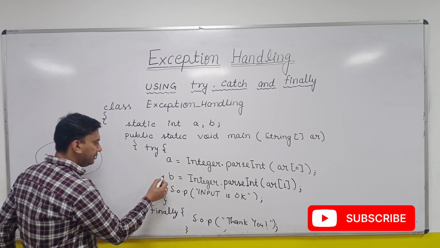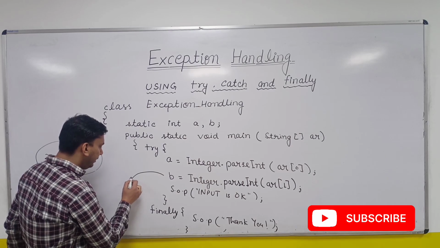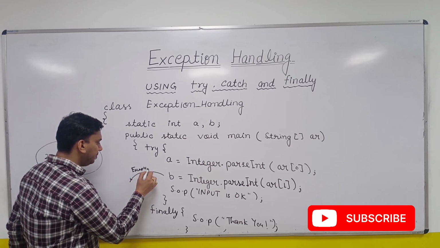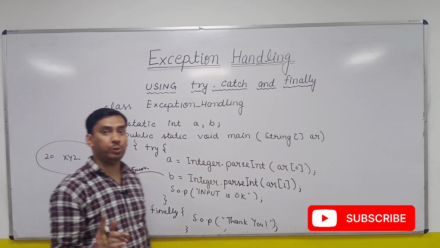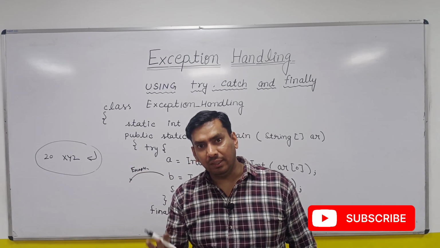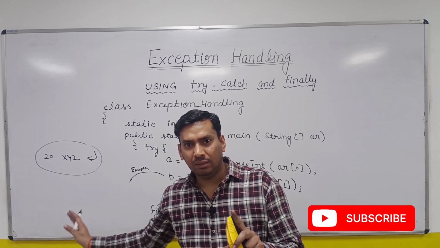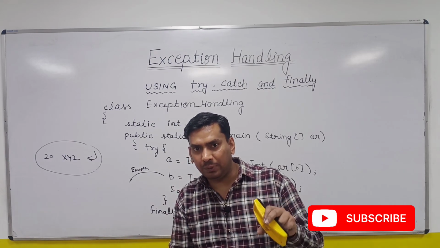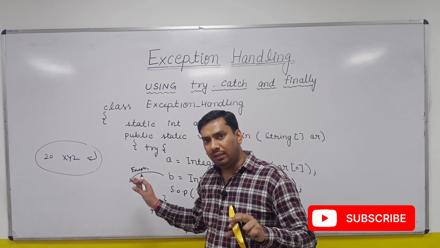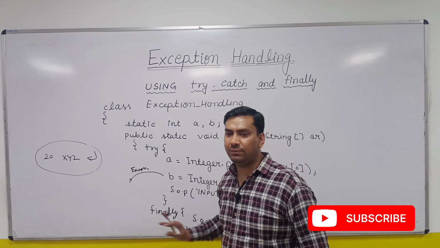Now let's say the exception occurred here. It will not print input is okay, but it will throw the exception object. That exception object will be searching for the appropriate catch block. Whenever the exception object is thrown, it will look for the catch block to be handled, but it will not execute any other statement, only the finally.